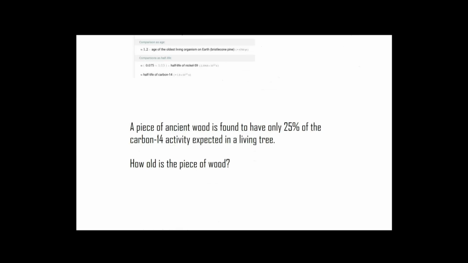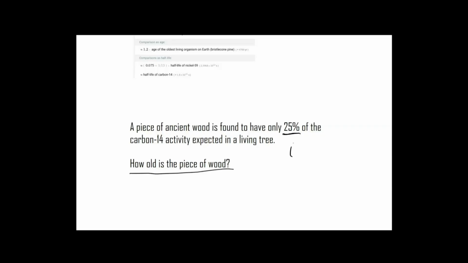All right, we're told that a piece of ancient wood is found to have only 25% of the carbon-14 activity expected in a living tree. So it's a little bit more complicated than that. They look at the ratio of carbon-14 to carbon-12. But let's go with this. So we're told that there is 25% left. How old is this piece of wood?